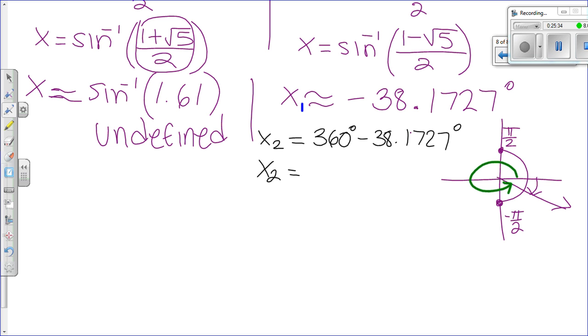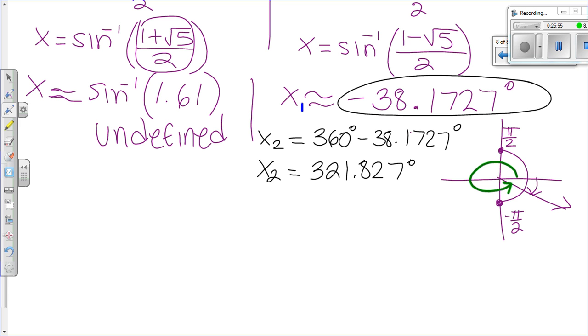So that will give us what, guys? 321.8273. So that's how you will have to give your answer, okay? Because even though the calculator is giving you a negative answer, that's not what MyMathLab is going to want from you. All right, so we are done. This is the end of section 5.5.2.